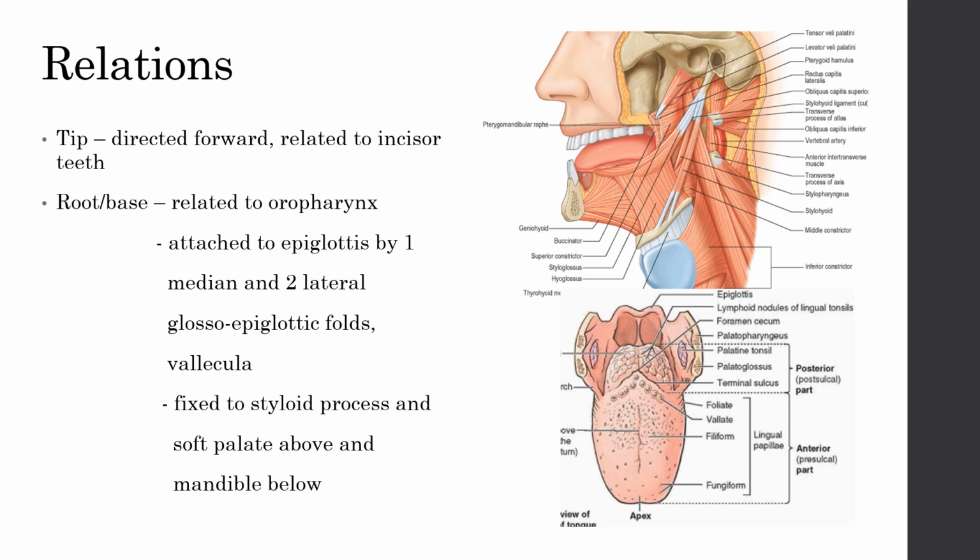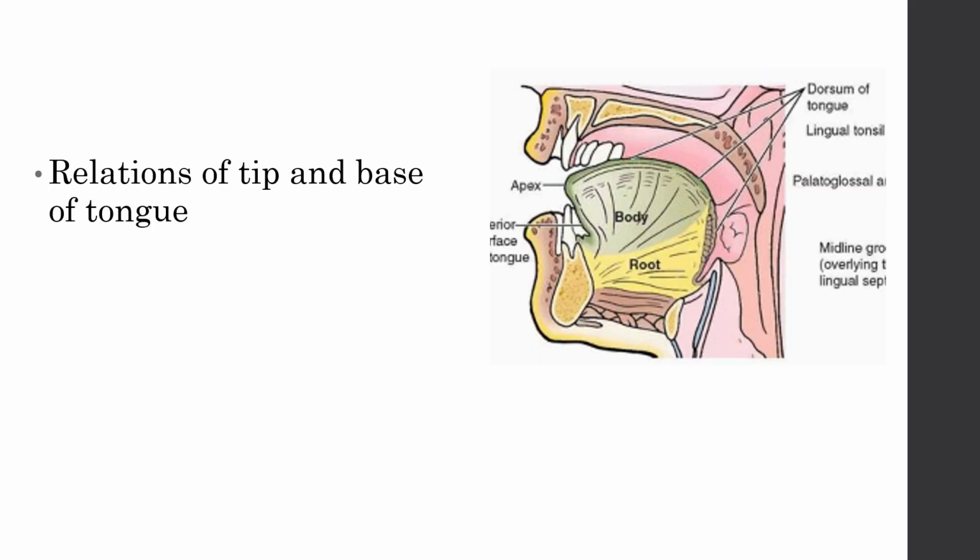So here you can see that the tip of the tongue is related to the mandible, whereas the root of the tongue is attached to the epiglottis. This is the epiglottis, and the tongue is also fixed to the mandible.